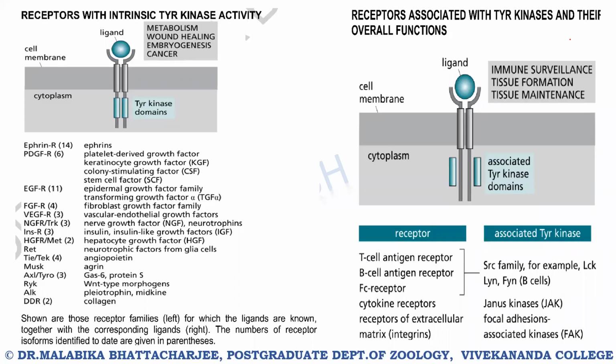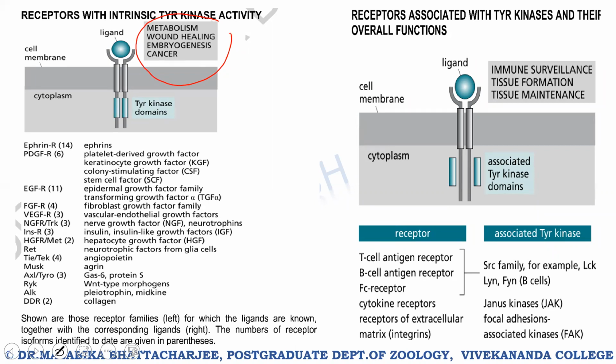So now that we are thorough with the two categories of receptor tyrosine kinase activities, one the intrinsic and one, as we just said, where certain receptor tyrosine kinases have associated tyrosine kinase domain, if you look into the basic function of the two categories of receptors, when you're talking about intrinsic, you see the function is metabolism, wound healing, embryogenesis, and cancer.